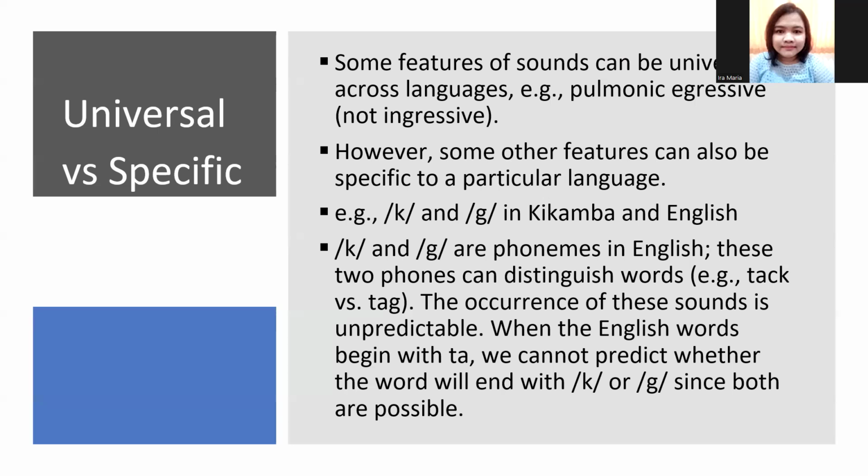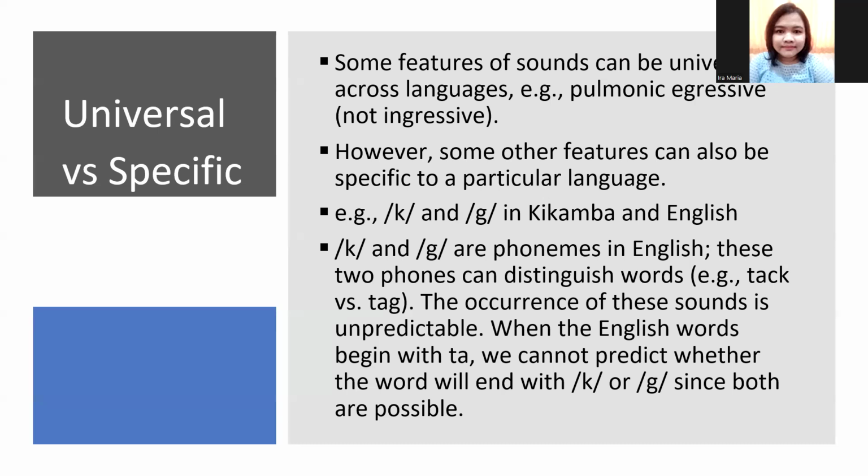Most of the sounds in human languages, including vowels and most consonants, are produced using the pulmonic egressive airstream. It also happens in English and also in Bahasa.